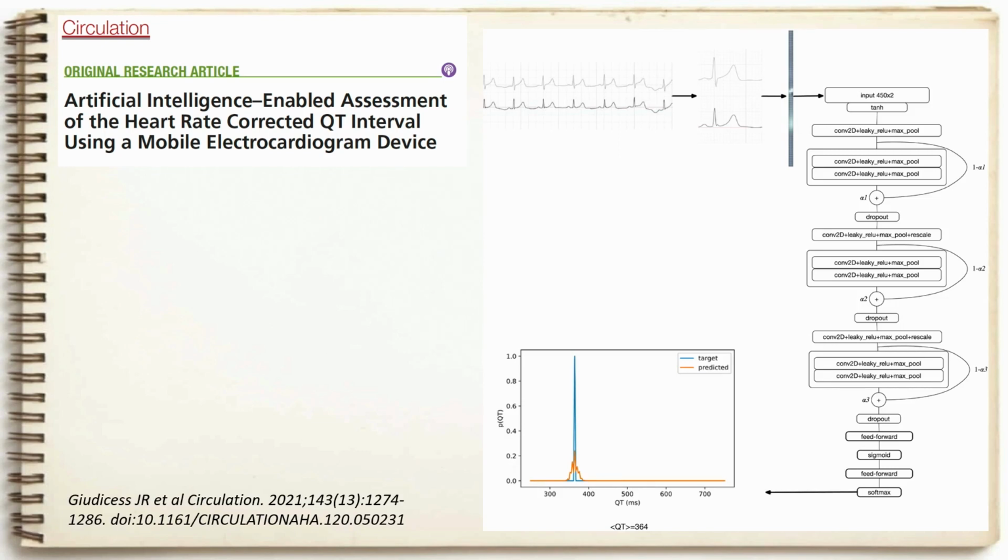And this paper describes the possibility of identifying and measuring QT interval very precisely from only two ECG leads. We do not need a 12-lead ECG for this, and this would make such a tool very useful for identifying patients with a high risk of long QT.